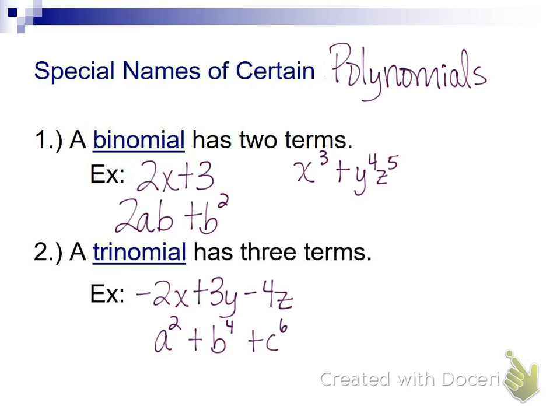Also has 3 terms. Notice that anytime I write these, there are no like terms still. Nothing that could be simplified. Questions about binomials and trinomials? How many people have heard those words before? A couple of us. Okay. Anybody need more time before we move on? On we go.